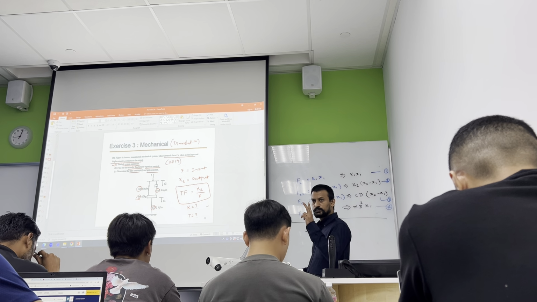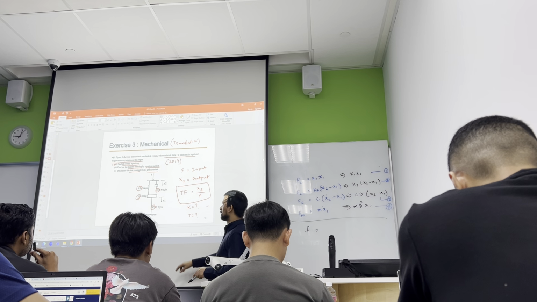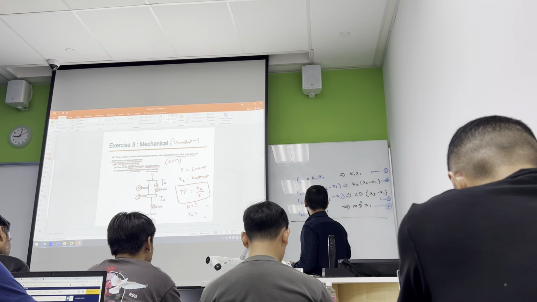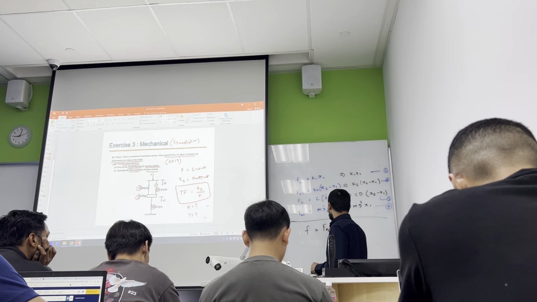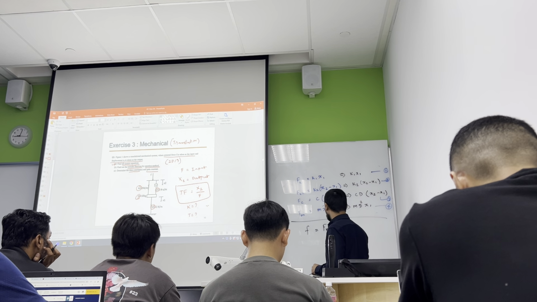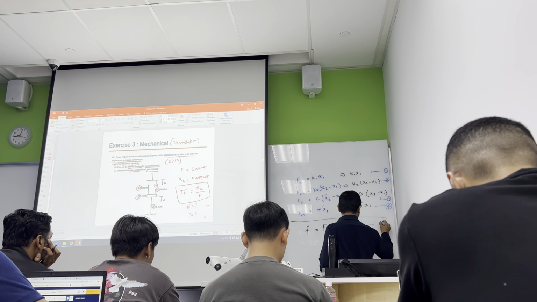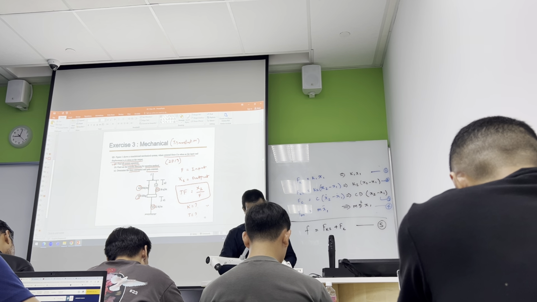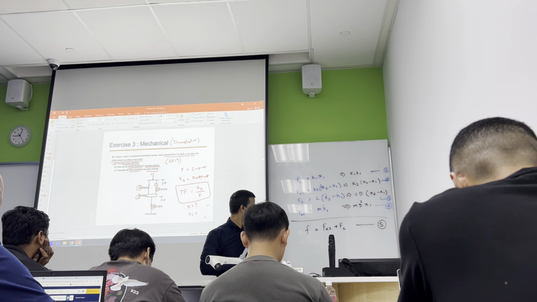Based on two components, you have spring and you have damper, against the opposite. So I can say F equals K2 plus C. So that is my fifth equation. It is nothing but your fourth equation.